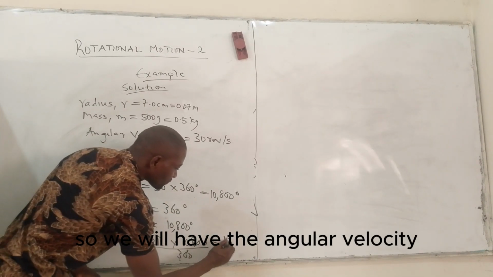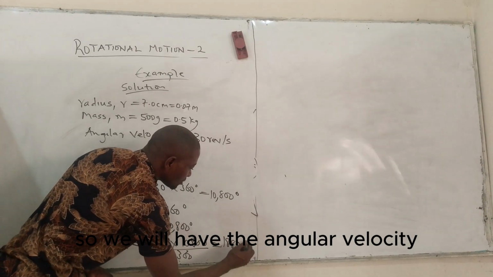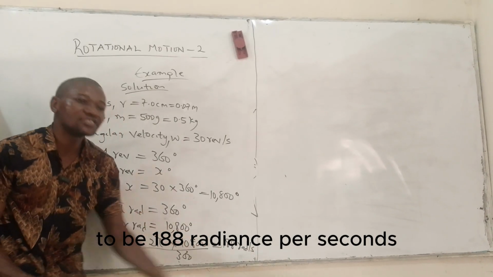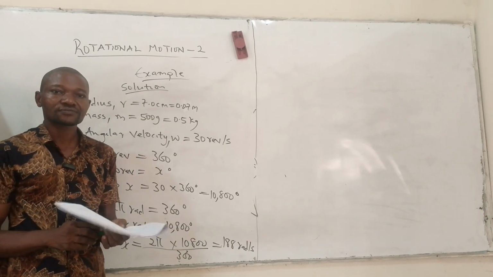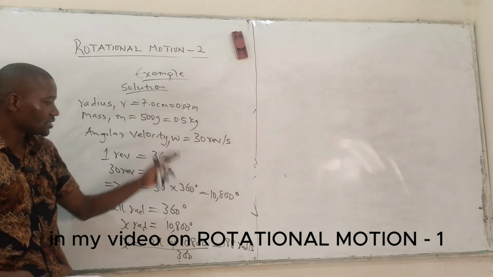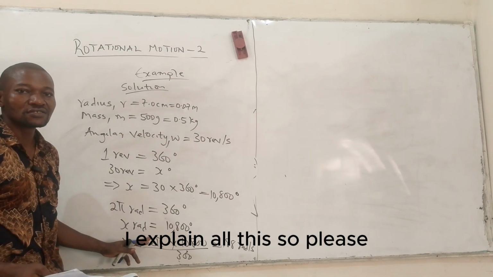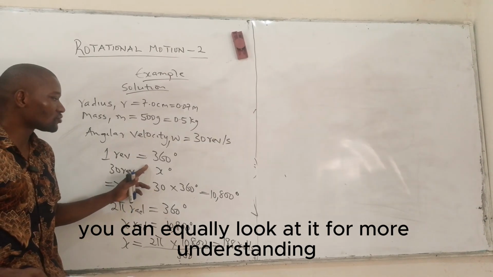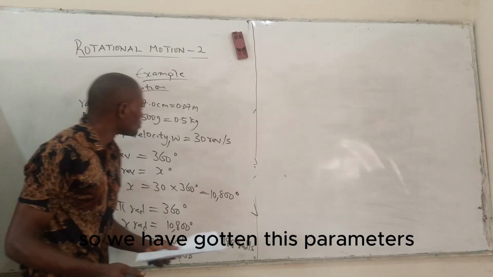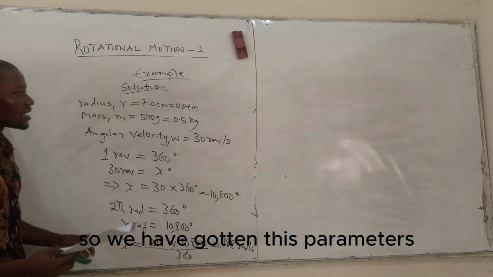So we will have the angular velocity to be 188 radians per second. In my video on rotational motion 1, I explain all this. So please, you can equally look at it for more understanding. So we have gotten these parameters.